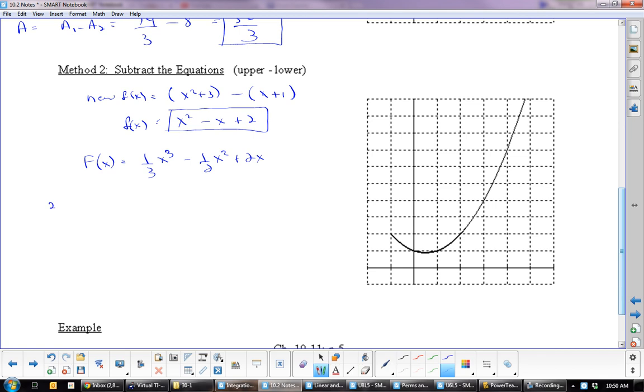So if we go from the area from 2 to 4, that would be 1/3 times 4 cubed minus 1/2 times 4 squared plus 2 times 4, all subtracting 1/3 times 2 cubed minus 1/2 times 2 squared plus 2 times 2. Put that all in, and guess what you get? 50 over 3.